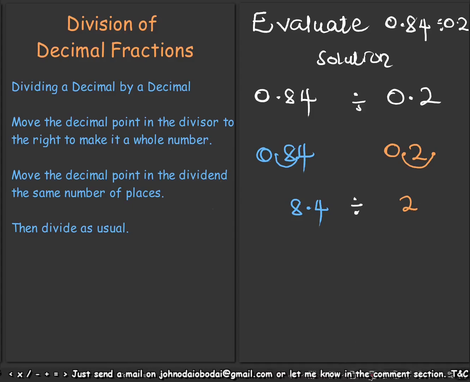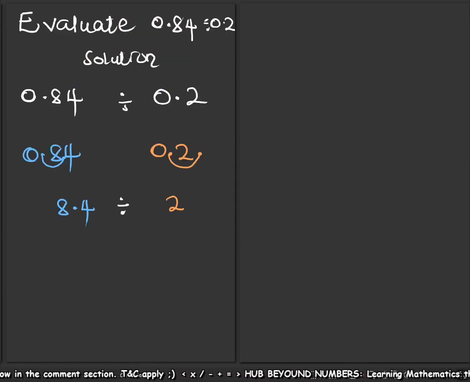You get it now? Yes. So that is what this instruction is all about. And at this point now, it is division of decimals by whole numbers, which we've already done in our previous lesson. So without wasting much time, let's quickly look at what the solution is going to be.